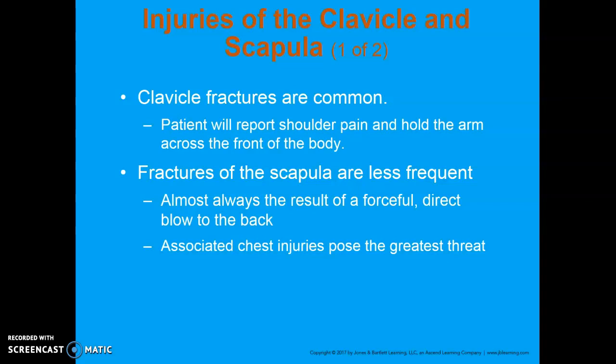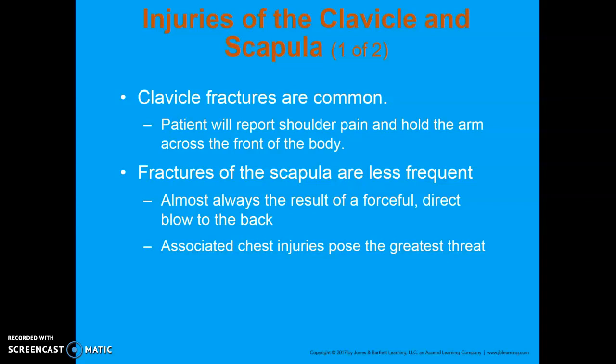You may want to provide supplemental oxygen because the pain in that area is going to make it hard for your patient to take a good breath. You also want to be wary of possible chest injuries, not so much the scapula, but the underlying tissues and structures underneath of that.